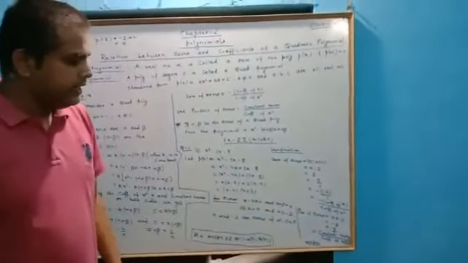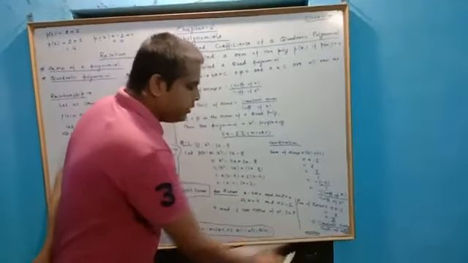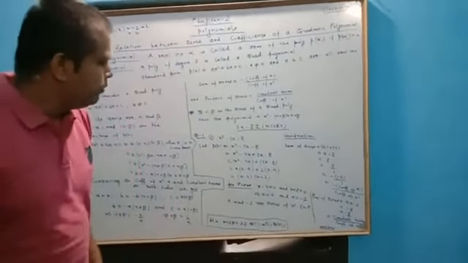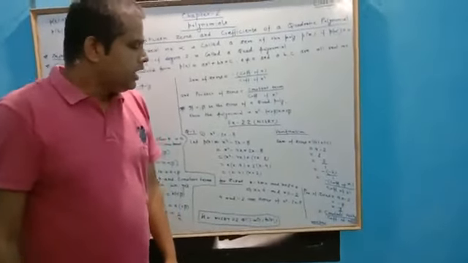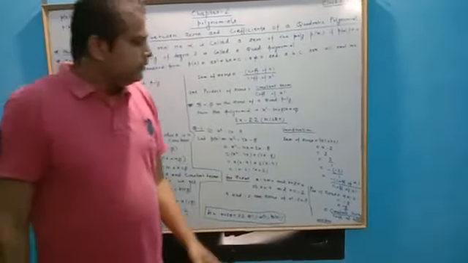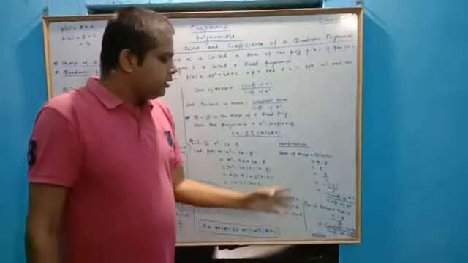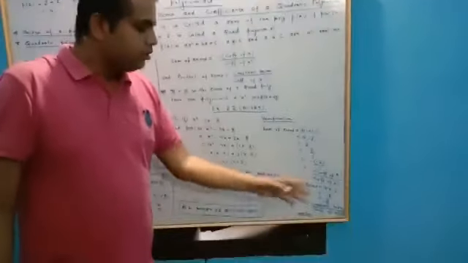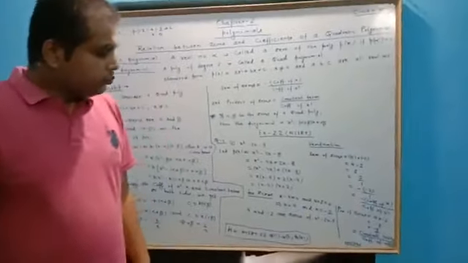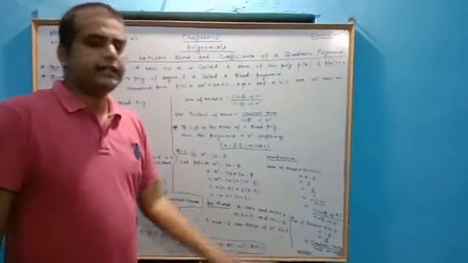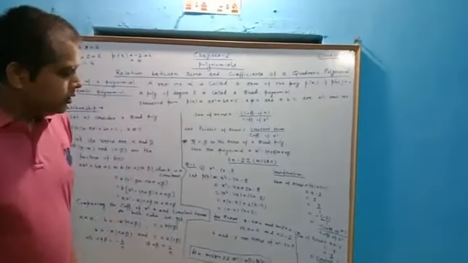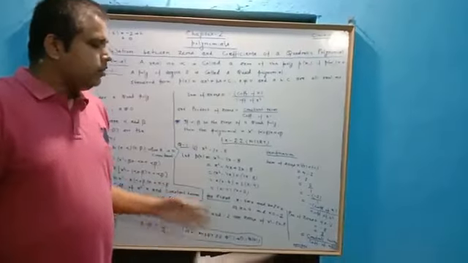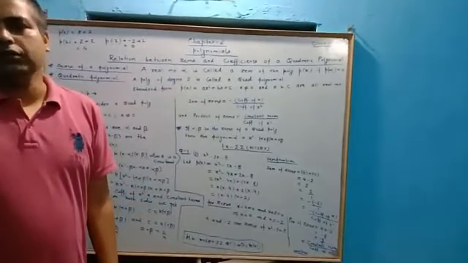So we can write constant term divided by coefficient of x square. And we see that this is the required formula for sum of zeros and product of zeros. So this is the verification of the relationship between the zeros and coefficients of a quadratic polynomial.